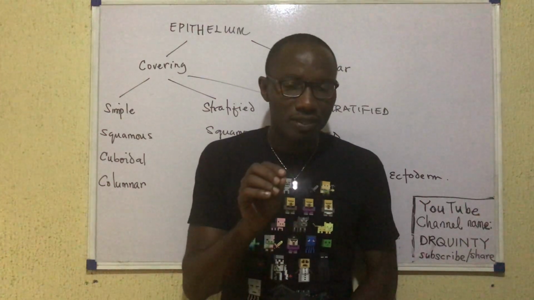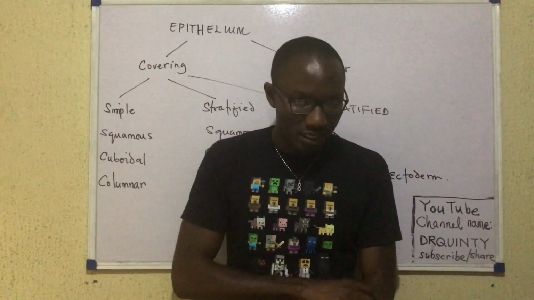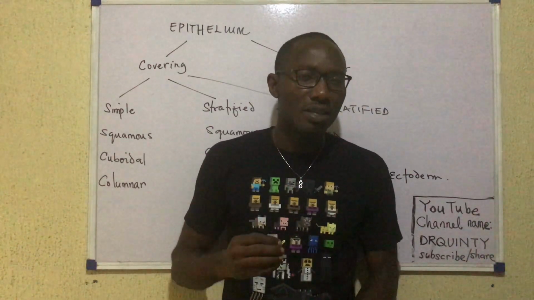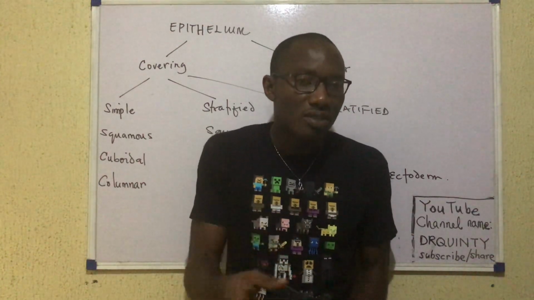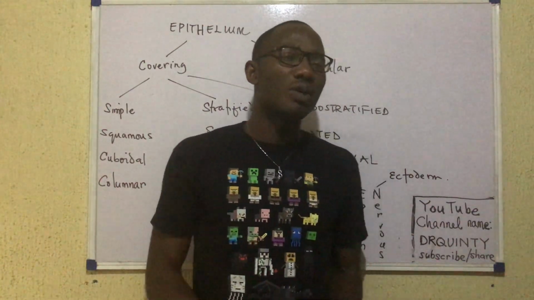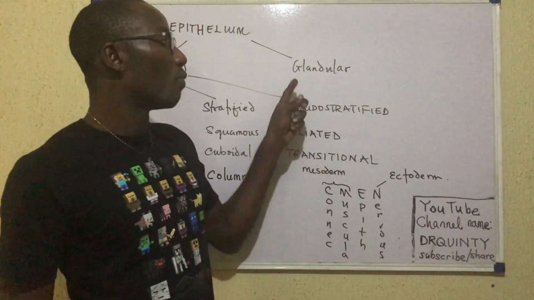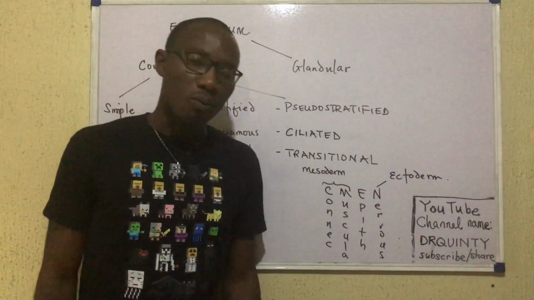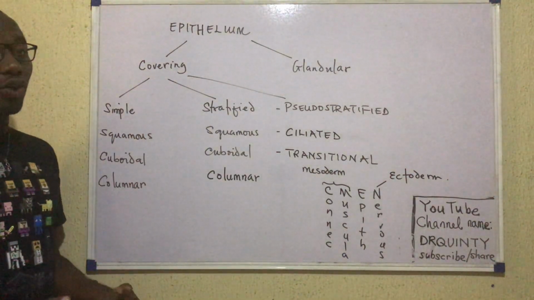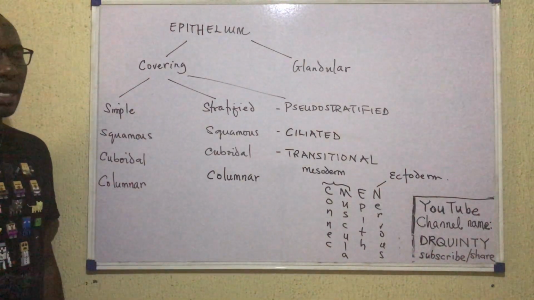But for some of them, apart from this lining or covering that they do, they have the ability to secrete substances. They have the ability of producing chemicals. Those that have the ability to secrete or produce chemicals, we refer to as glandular epithelia. Whereas the ones that are just for covering or lining, we refer to as covering epithelia.